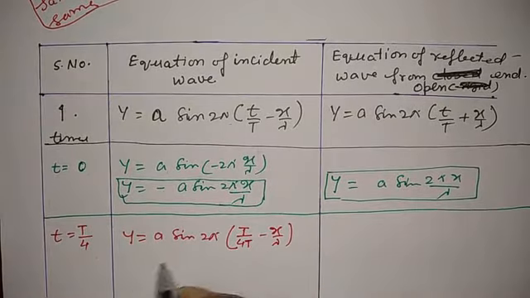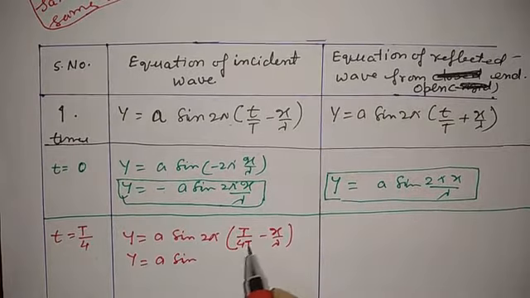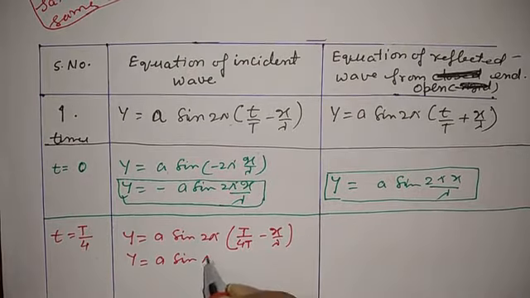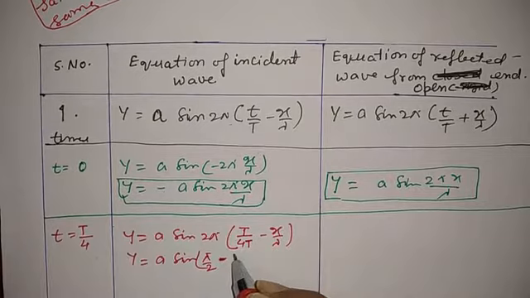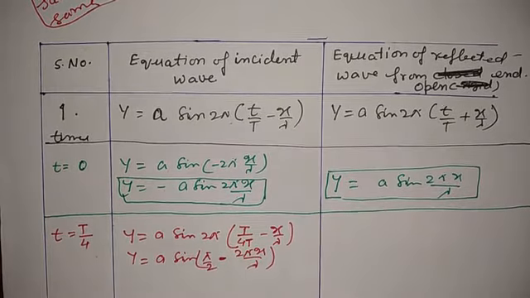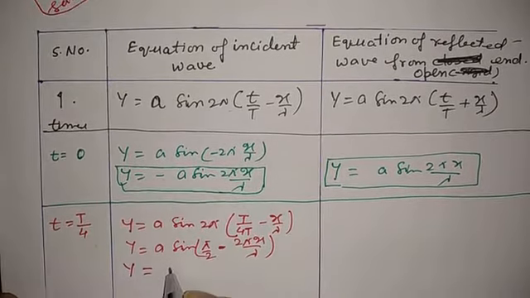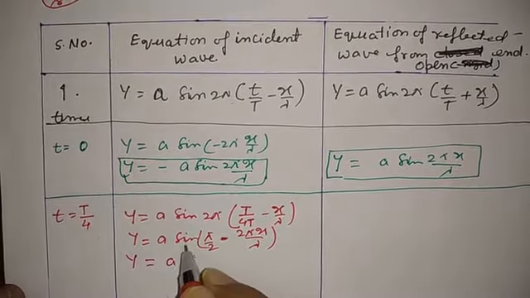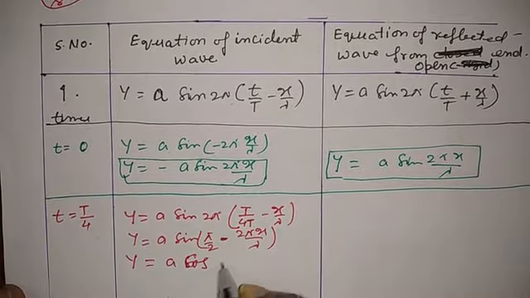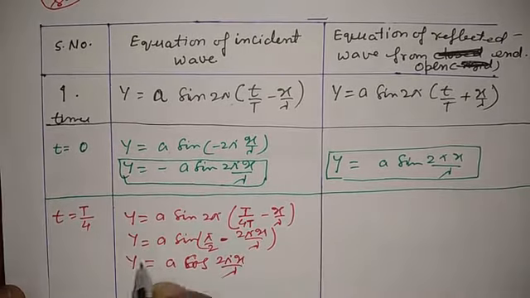Now T by T is cancelled. So y is equal to a sine pi by 2 minus 2 pi x by lambda. This expression can be written as a cos theta, since sine of 90 minus theta is cosine theta, and theta here is 2 pi x by lambda.